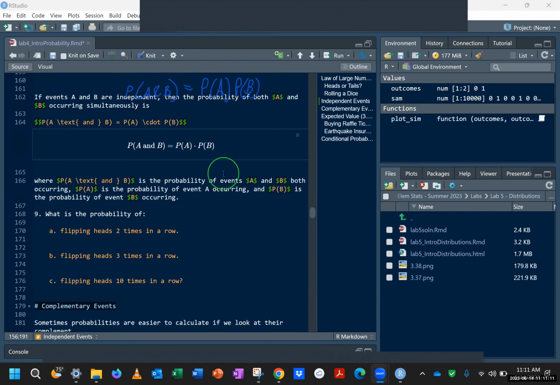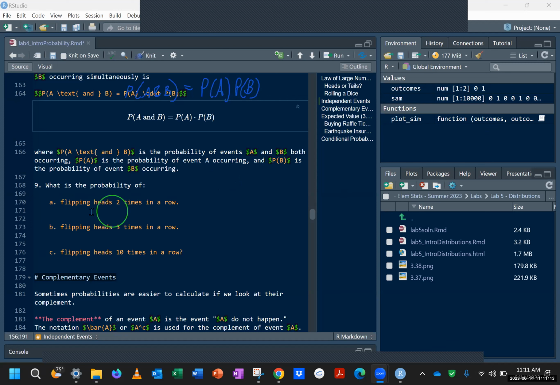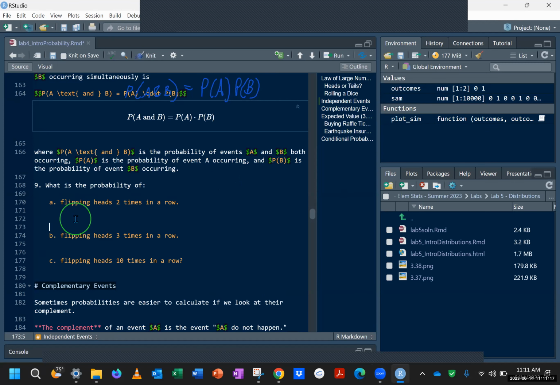And so let's look at the probability of flipping heads twice. That's the probability of flipping heads and heads. That's, according to our rule, the probability of flipping heads times the probability of flipping heads. Okay, so each one of those is 1/2, right? So we get 1/4.